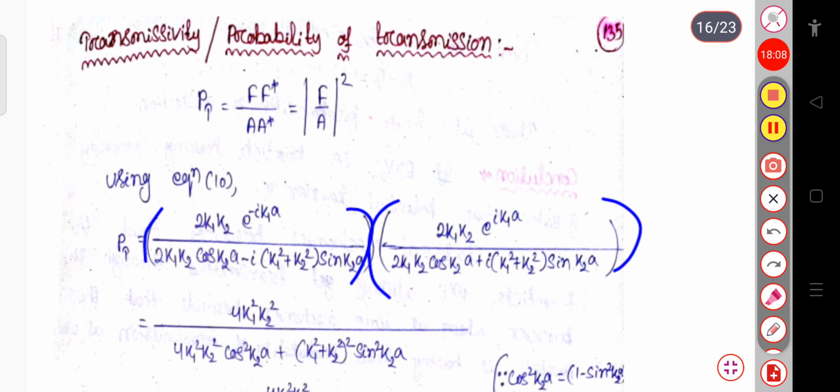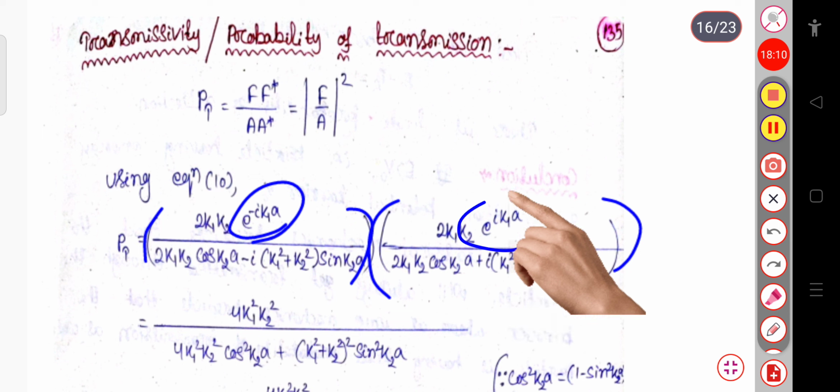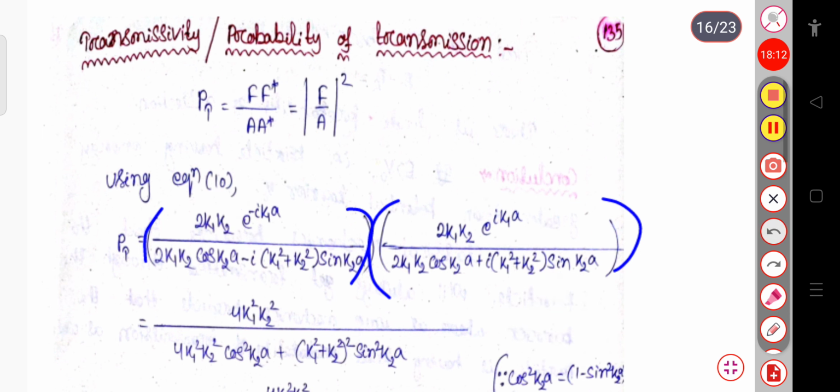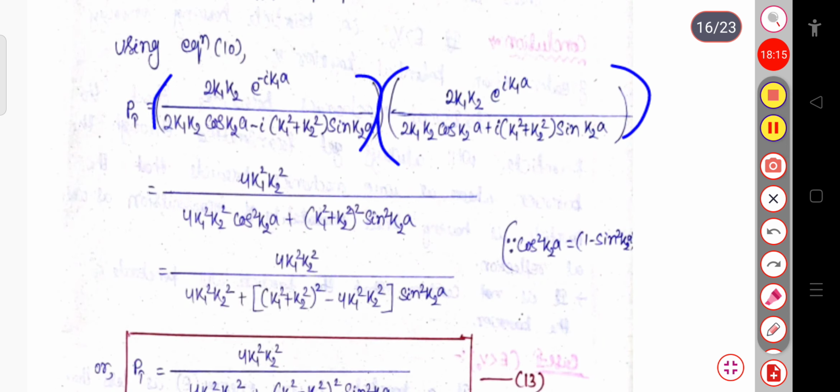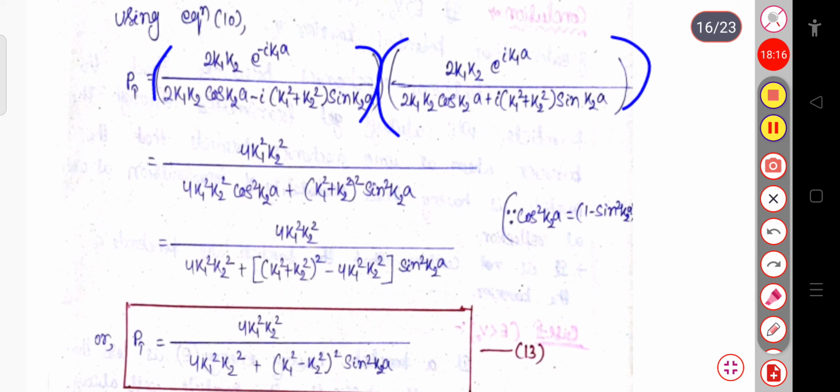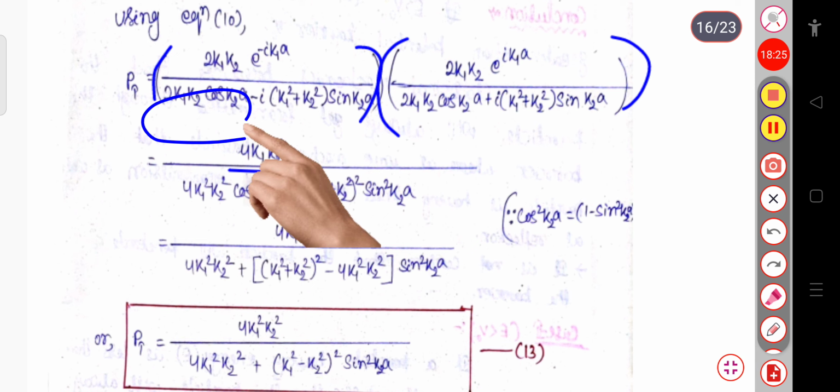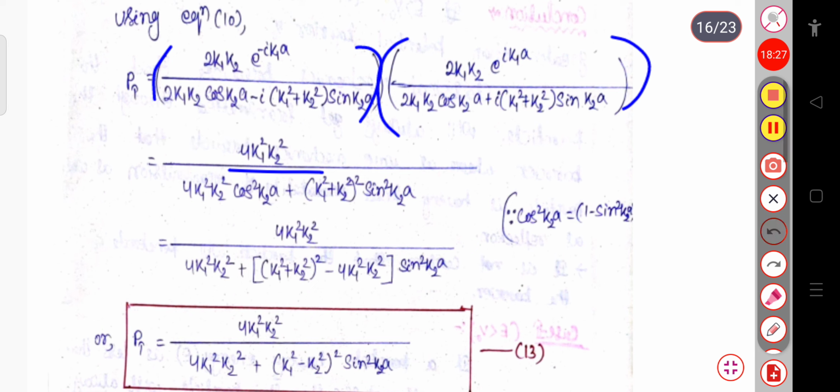Okay. So simply this exponential minus will become exponential plus iota k1a. So now after solving this, you will get 2k1k2 squared becomes 4k1 square k2 square, and the exponential term goes to 1. This one is in terms of A minus B into A plus B. So this will be 4k1 square k2 square cos square k2a plus (k1 square minus k2 square) whole square into sin square k2a.